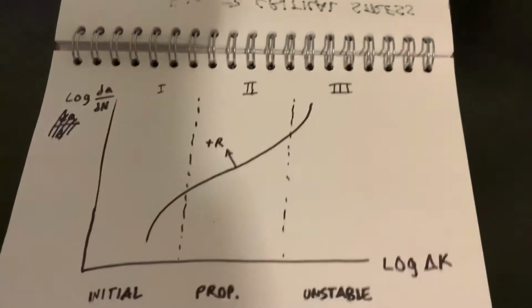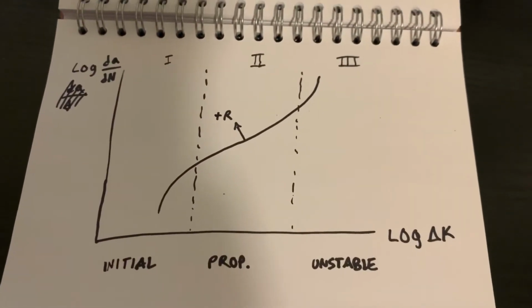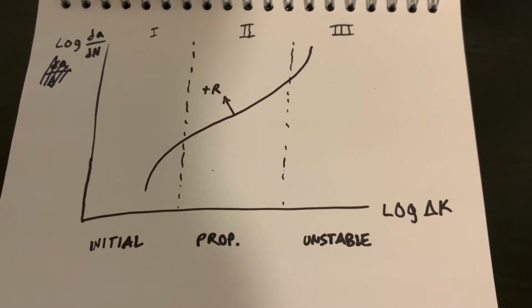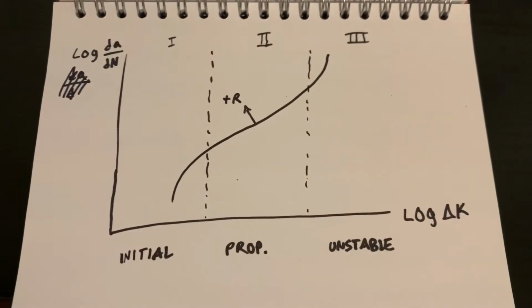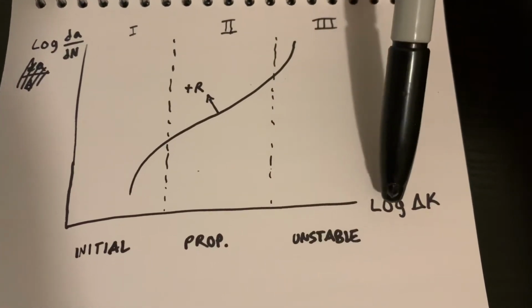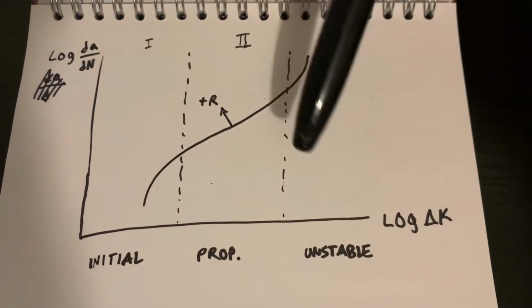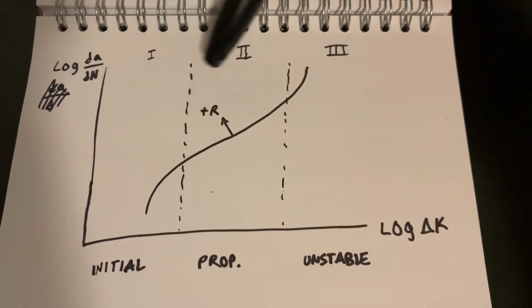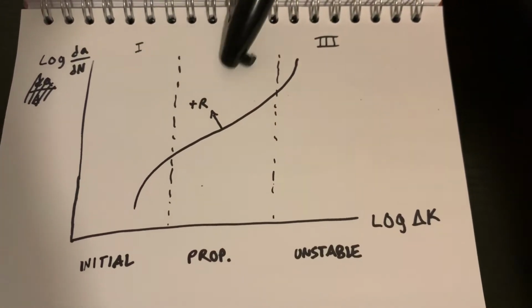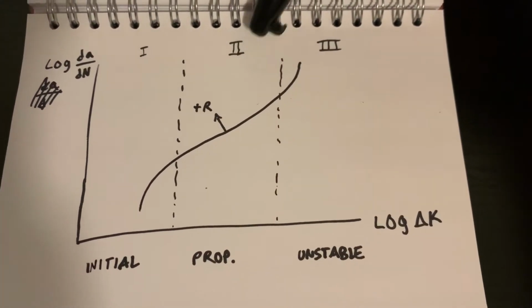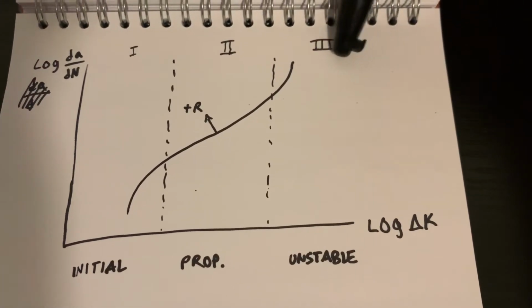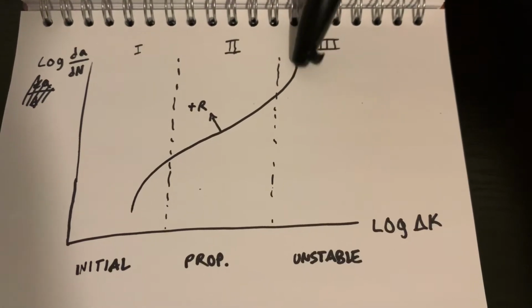So the next part is about analyzing crack growth, and we have this curve that we can look at to help us understand that. It's the curve of log of dA over dN and log of delta K. And what we end up with is these three regions. One is the initial cracking, one is the propagation of the cracking, and then unstable crack. And this is where we see our failure happen.